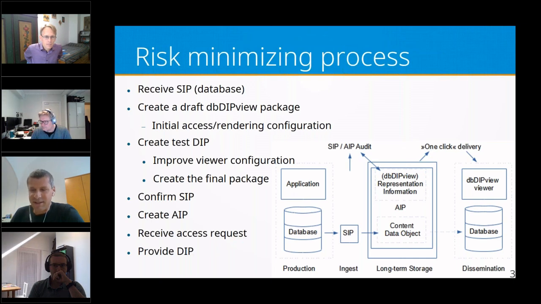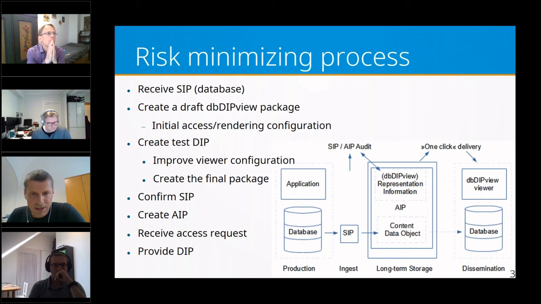And then we will simply add queries, add viewer criteria, viewer configuration. And when this viewer is finalized, the archivist will be able to study, to examine the data. And when the archivist understands the data, he or she can reject the SIP and request another version or confirm the SIP.